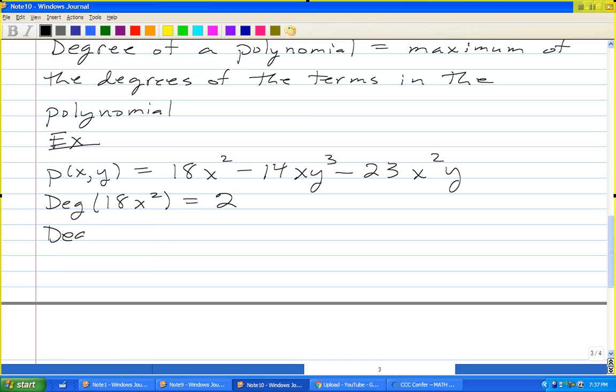The degree of 14x y cubed, found by adding the exponents, 1 plus 3 is 4. The degree of 23x squared y, add exponents, 2 plus 1 is 3.